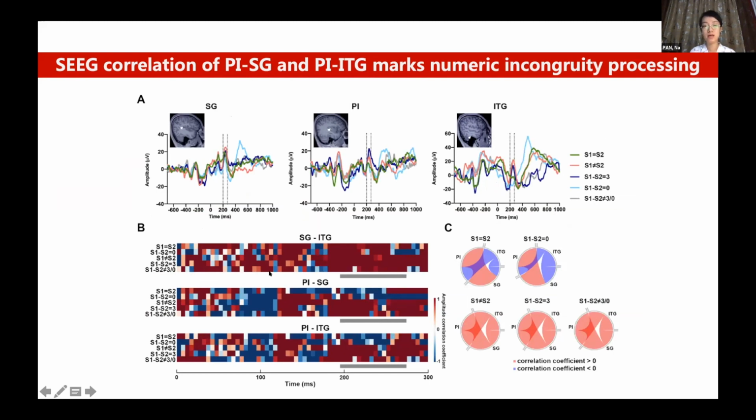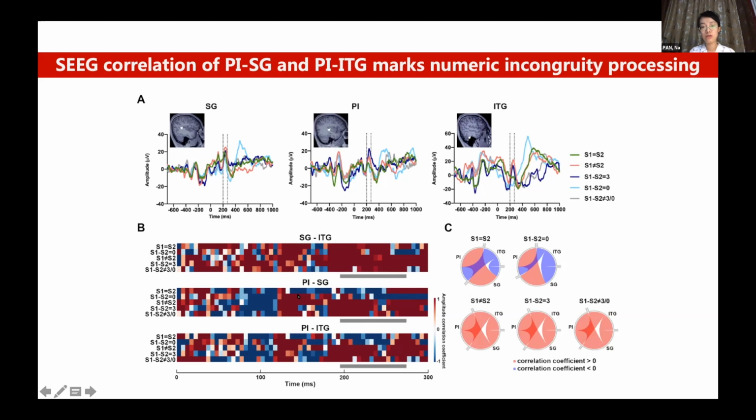We can see that the EEG amplitude correlation coefficient showed no significant difference between the supramarginal gyrus and inferior temporal gyrus in the 2 situations.